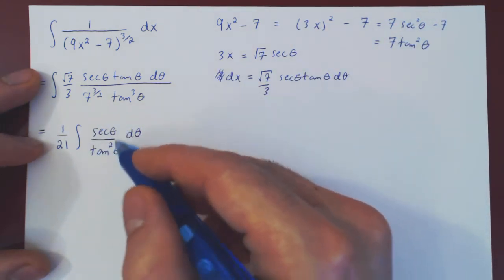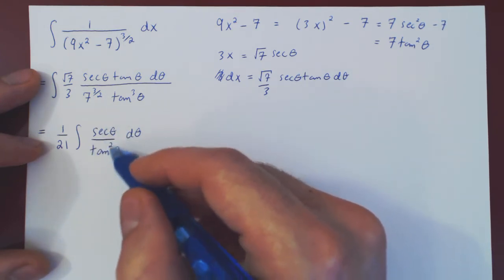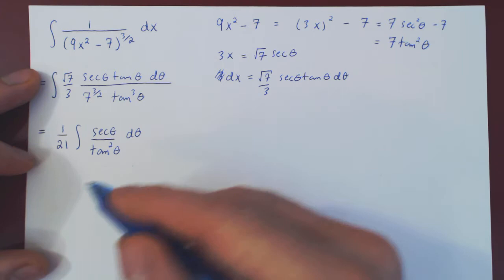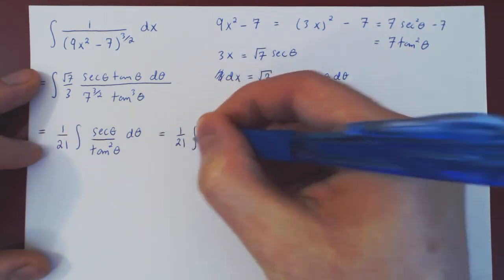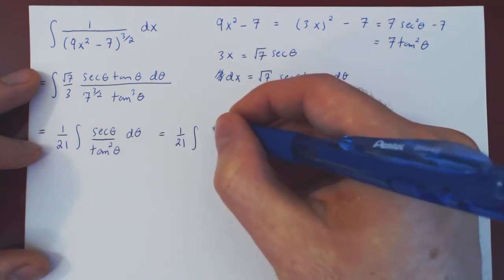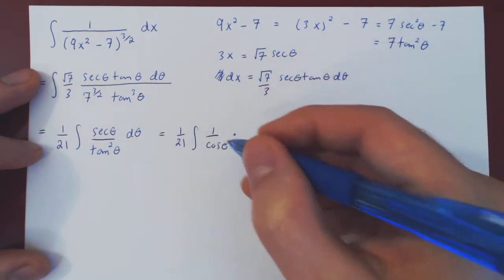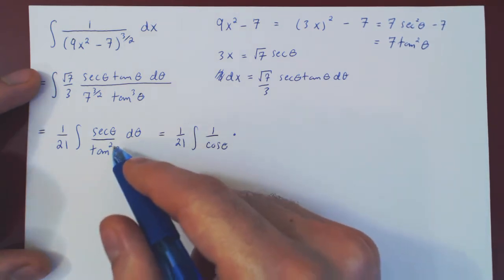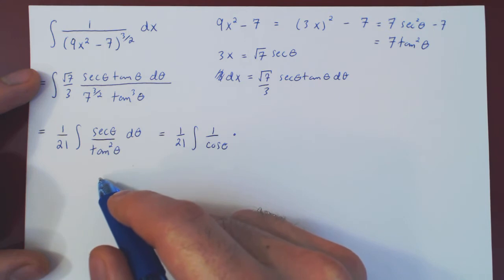So as both methods with secant and tangent fail, it's natural to try and convert back to a function of sine and cosine. So secant is 1 over cosine. And now we are dividing by tangent squared. But tangent is sine over cosine.